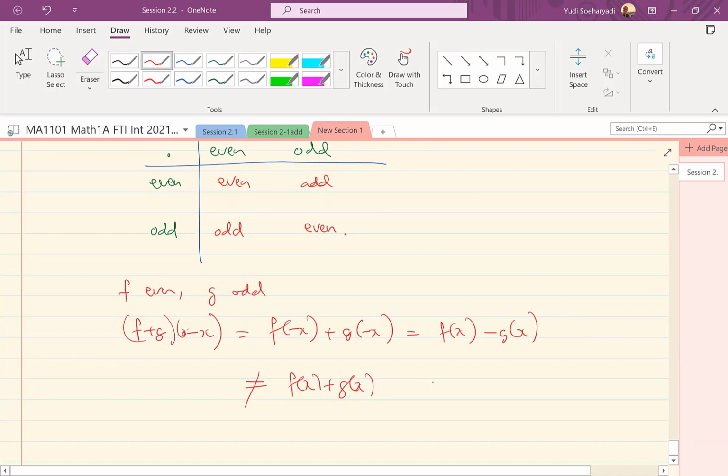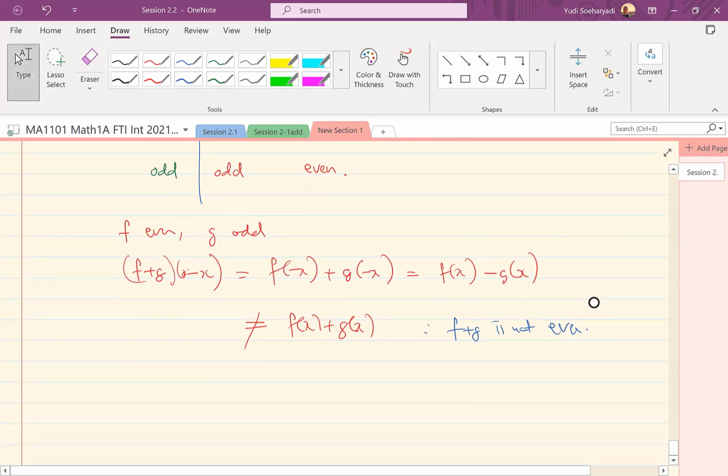So the conclusion is that f plus g is not even. But this is not the same as the negative either.